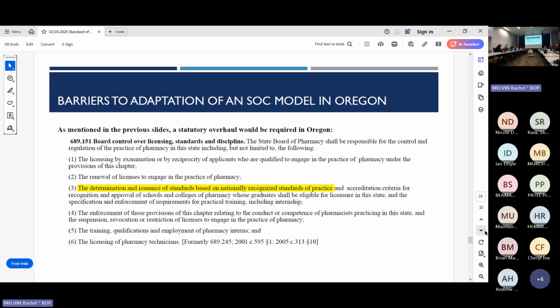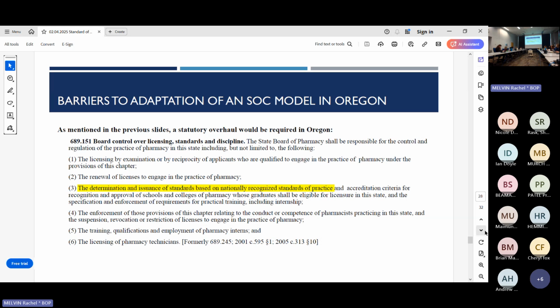And again, it's mentioned in several instances that legislative overhaul will be required, which is the case here. So if we look in 689151, paragraph 3, the board is responsible for the determination and issuance of standards based on nationally recognized standards of practice. So that's something that would need to be modified.